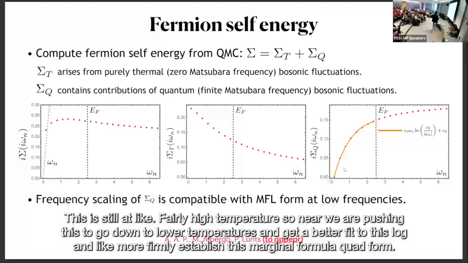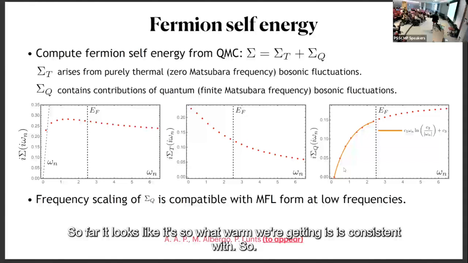This is still at fairly high temperatures, so we're pushing this to go down to lower temperatures and get a better fit to this log and more firmly establish this marginal Fermi liquid form. But so far, what we're getting is consistent with that.